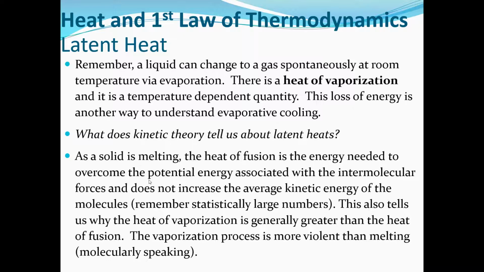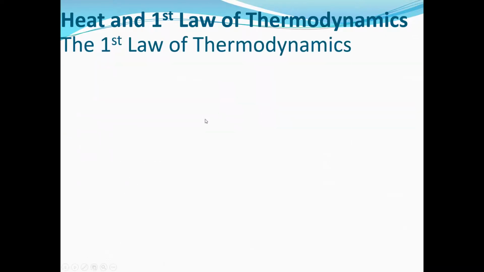Because of the amount of energy required to completely break the bond versus just weakening it, it requires a lot more energy. The process ends up being much more violent than the previous part where we're just weakening the system.